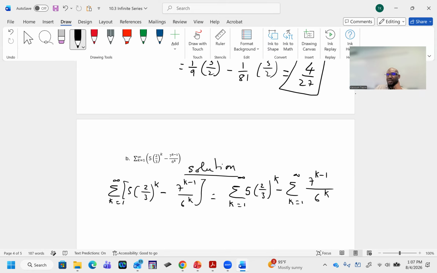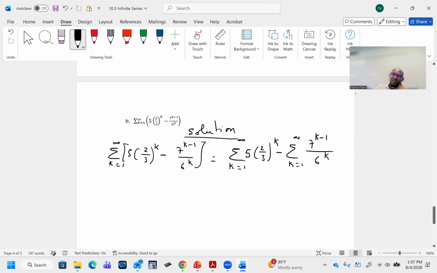So if we examine this one, we can see on this one, r is what? 2/3, right? Or let me break it down so you can see each of them.